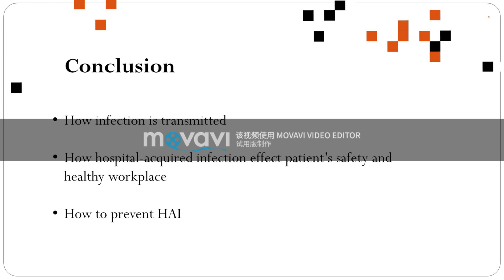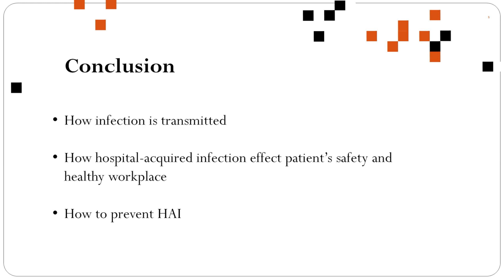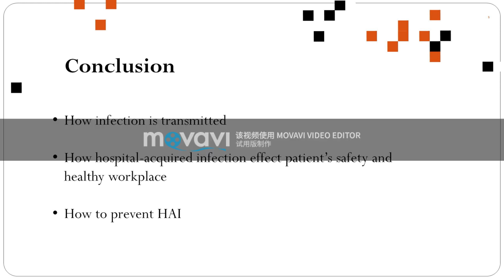The policy includes performing proper hand wash, using PPE, teaching and assessing co-workers' practice, and educating patients about infection control preventions. This presentation is aiming to improve nurses' awareness of hospital-acquired infection.